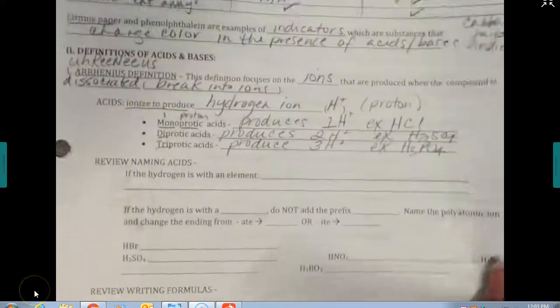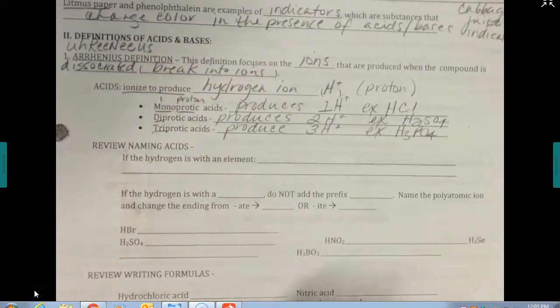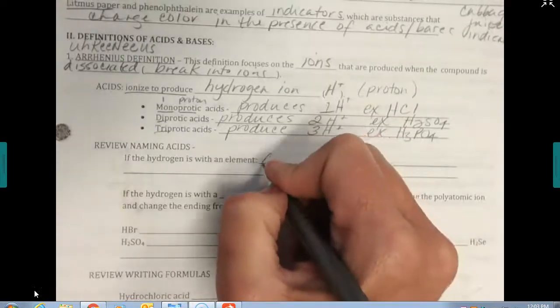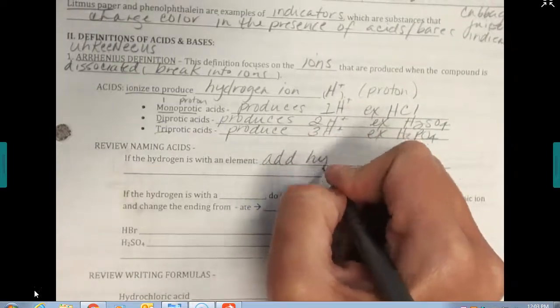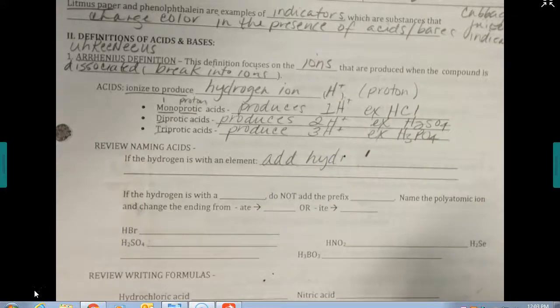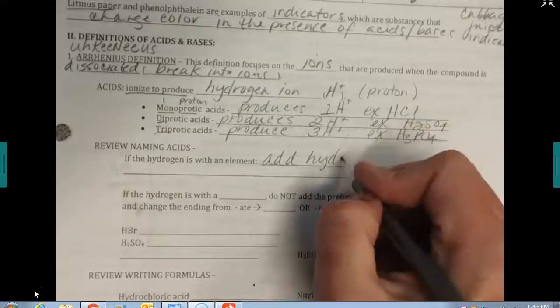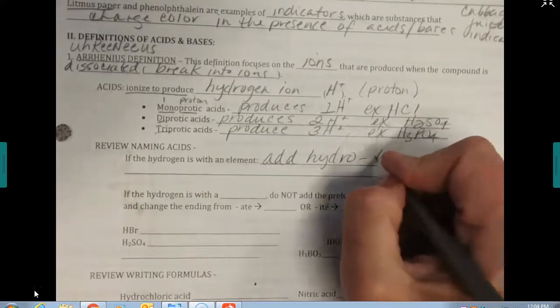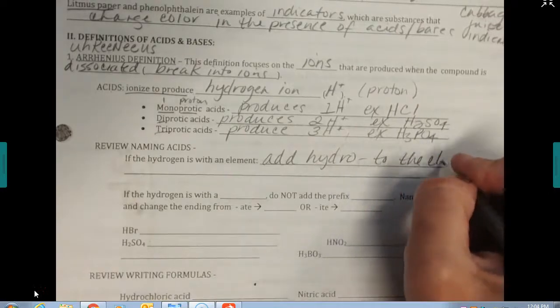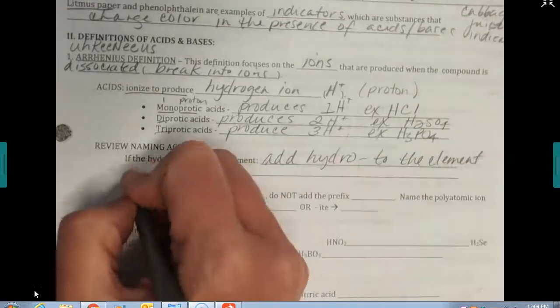Now, to go back to remembering how to name acids, if the hydrogen is with an element, we add hydro to the element and change the ending to ic.